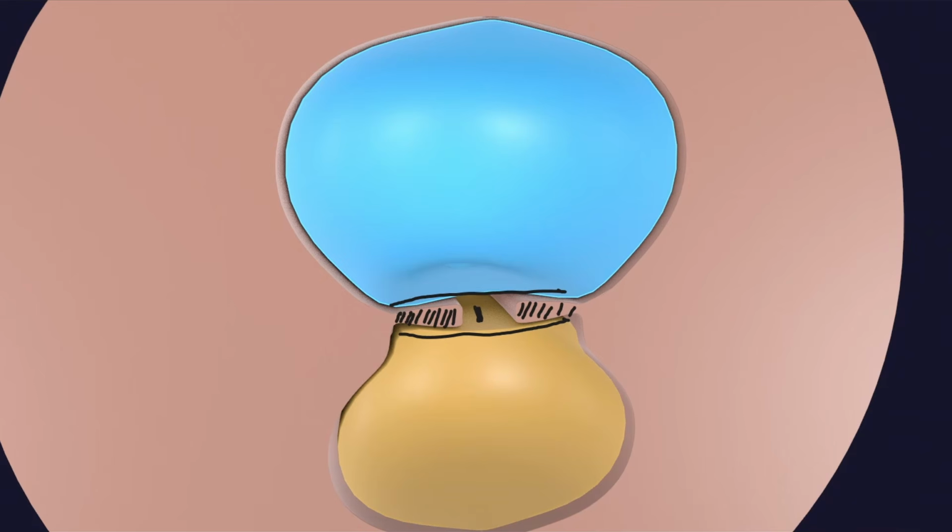Here is the ectoderm, and you can see that it is continuous at its periphery with the membrane of the amniotic cavity, or amnion. So basically this ectoderm is surrounded by the amniotic cavity, and it is continuous with the amnion.